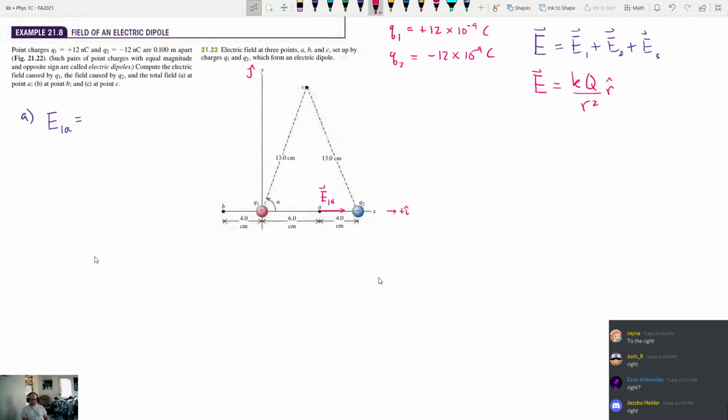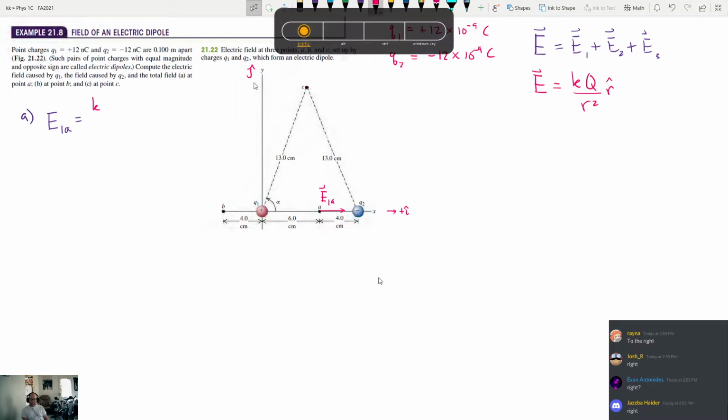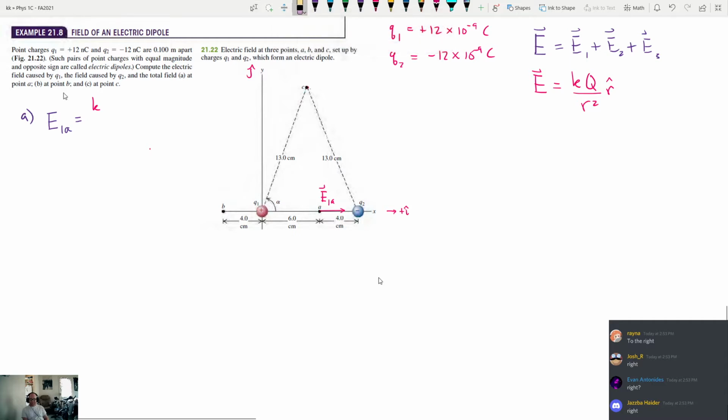So I would argue that for E1A here, all we have to do is just put in k multiplied by q1 divided by r squared. And then if we want to get the vector, we need to put an r hat in here. This should be pretty easy for us here, though. So what's the value of r in this case? What's little r going to be? 4 centimeters, right?